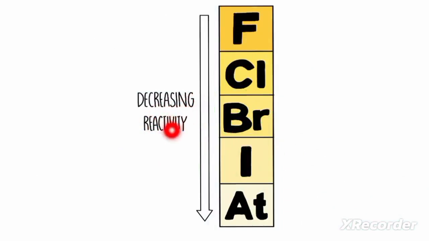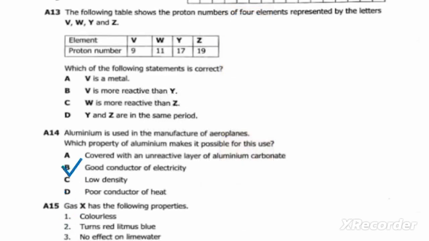So therefore our correct answer is B. We said V is coming from group 7, and Y is also coming from group 7. So as we are going downward, reactivity keeps on decreasing.